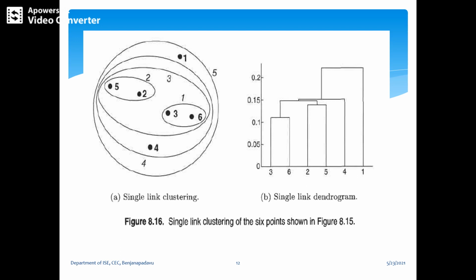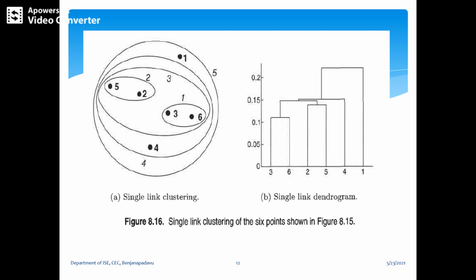These two are near to one another, so we make another cluster. Then we make another one, where point 4 is here, another one is point 5, and the last one is 6. Like that, we make the ellipses or circle shapes.